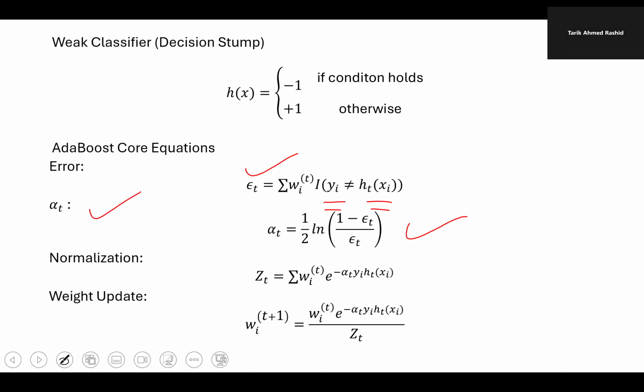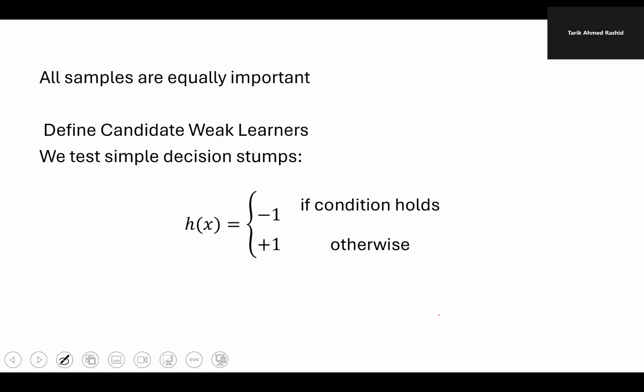The next weight will be equal to the current weight multiplied by the weight for correct classes over the normalized weight. We'll try to solve this example with this.